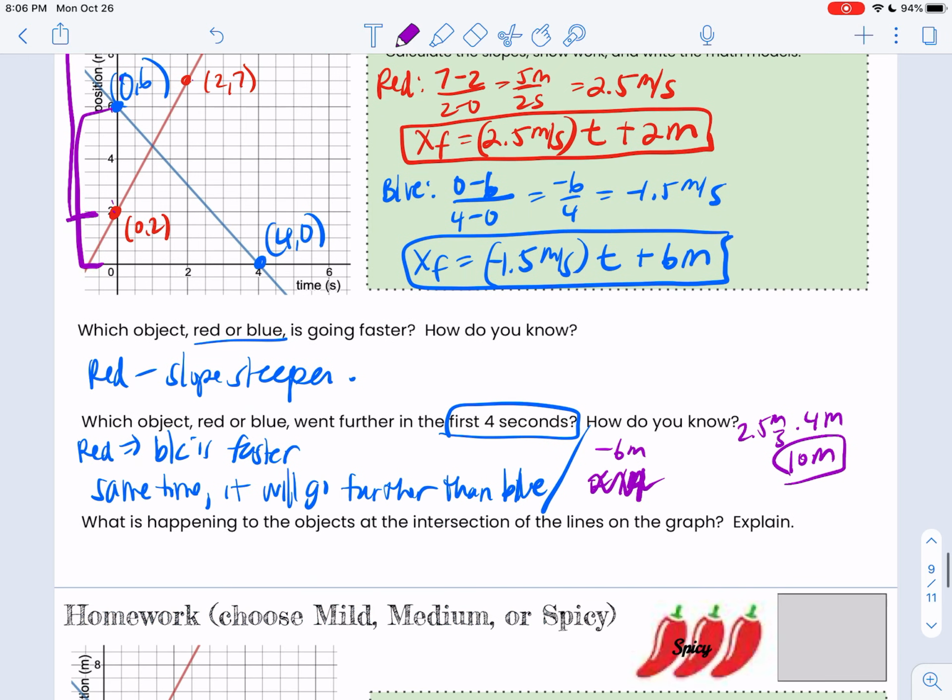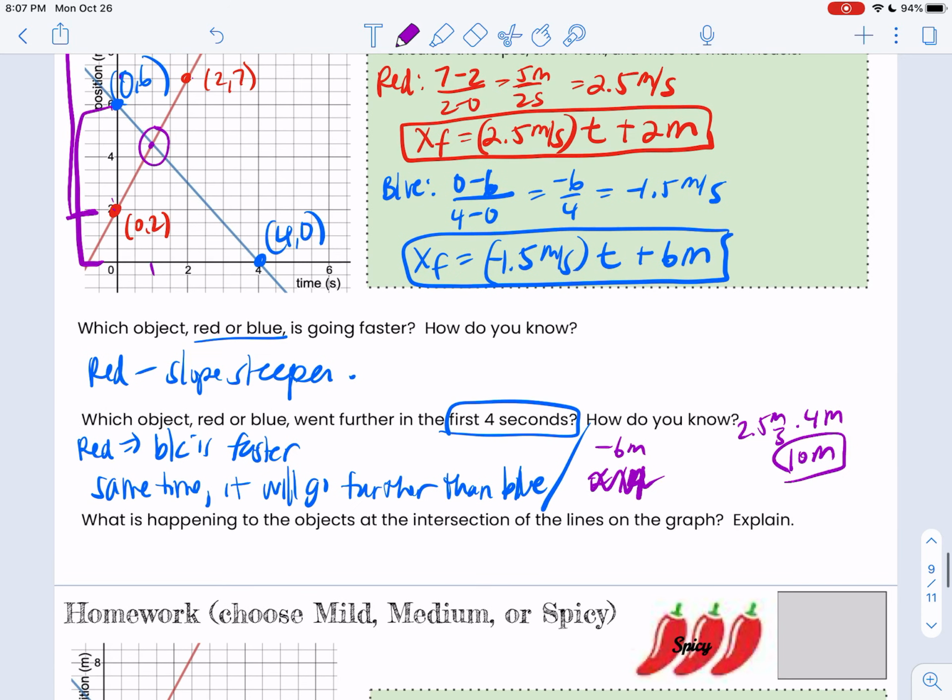And what is happening at the intersection? They are meeting or passing each other. And that will happen at a time of about 1 second. Oh, my pencil just died, dang it. Almost done.